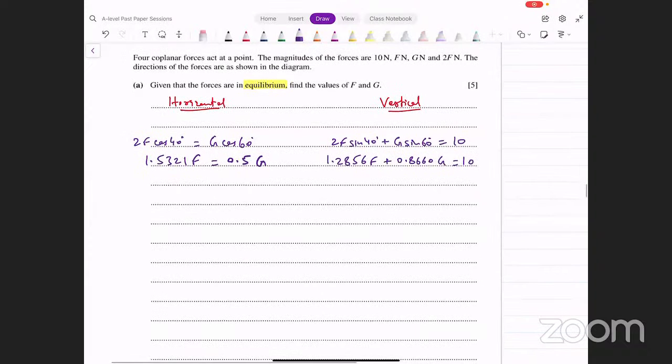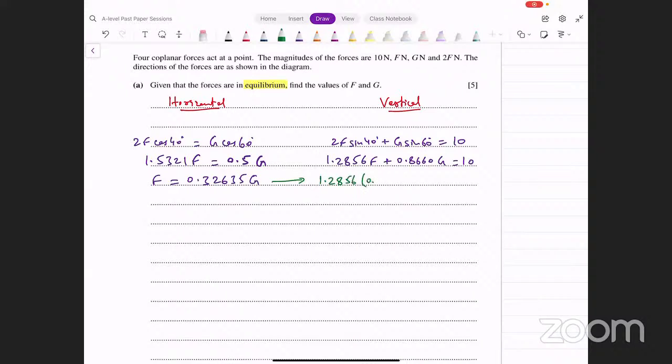So I could, for instance, make f the subject here. That gives me 0.5 divided by 1.5321, and that is 0.32635 g.